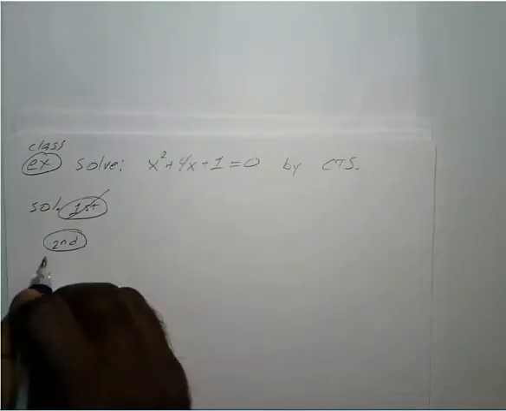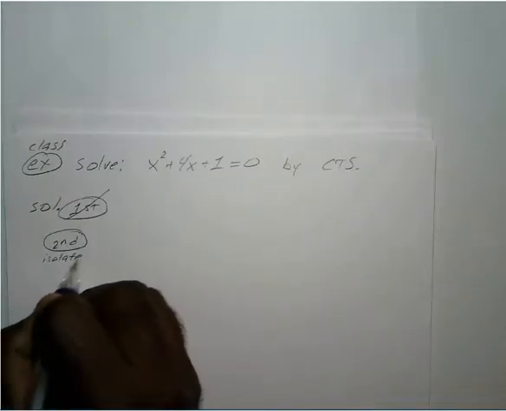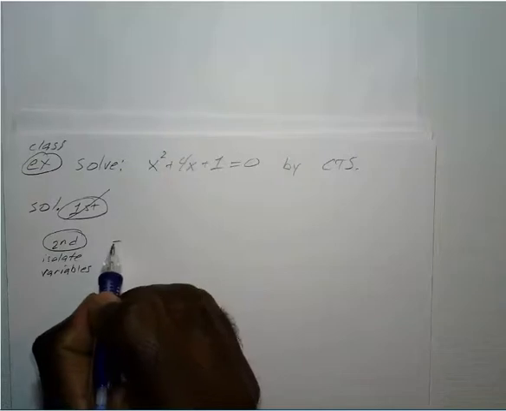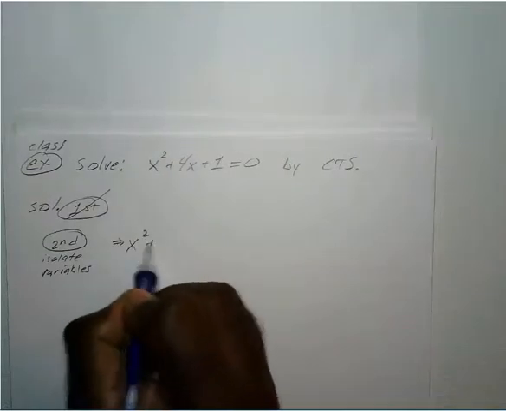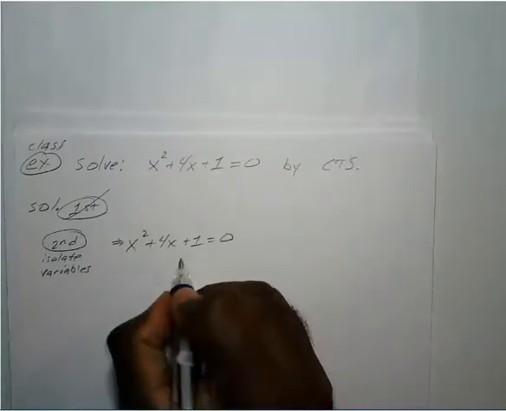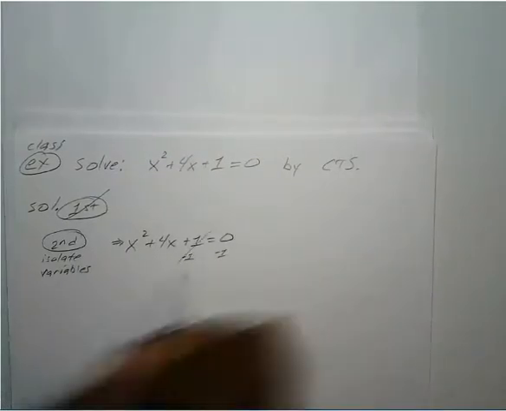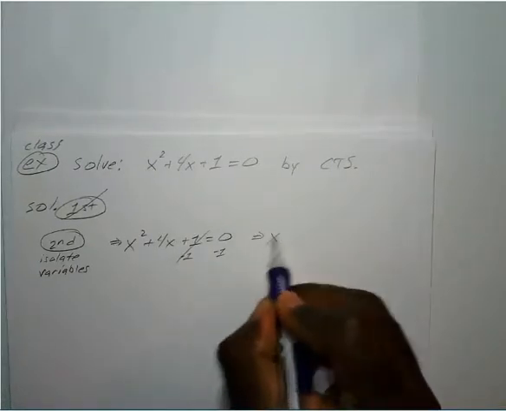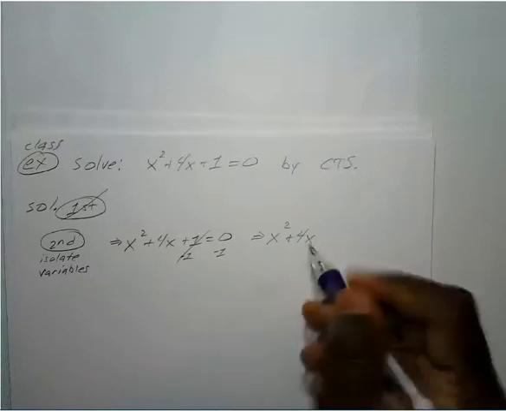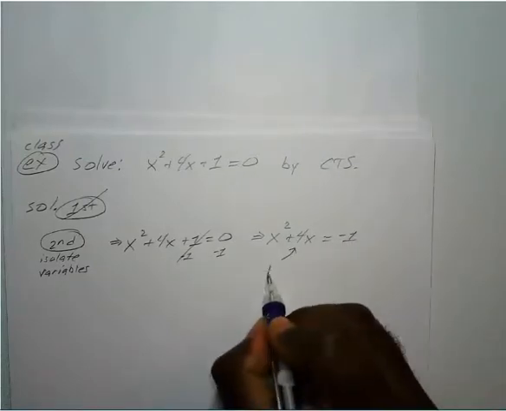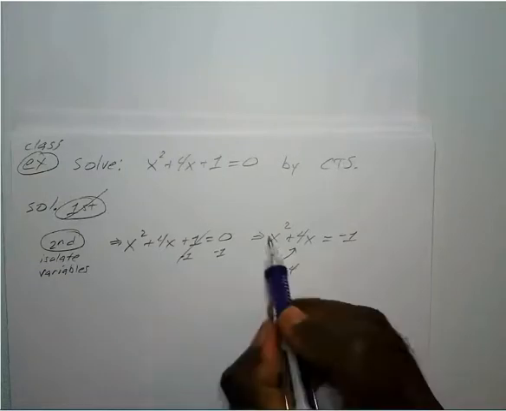And your second step, remember, you want to isolate your variables. So your x squared plus 4x plus 1 equals 0, you're just going to subtract 1 from both sides. So that gives us x squared plus 4x equals -1, where we know that our b is equal to 4.